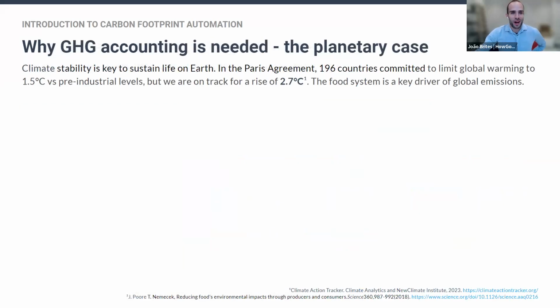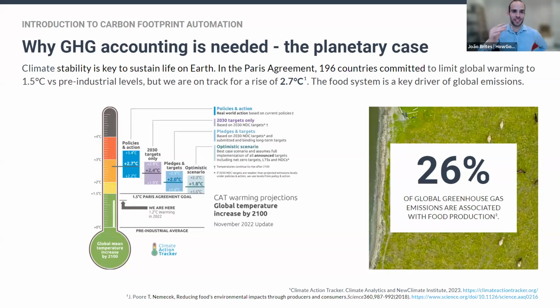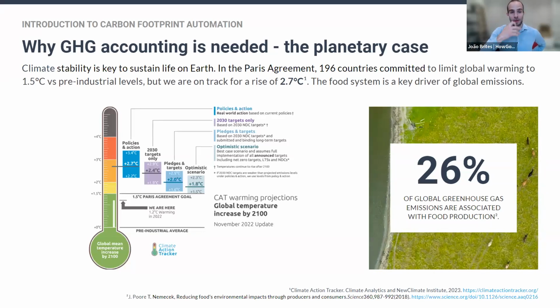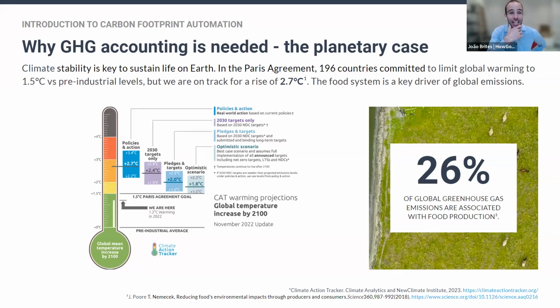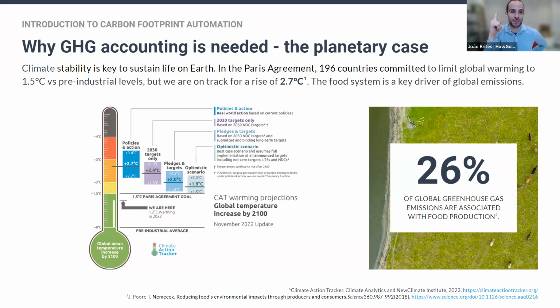Now, why are we bothering about greenhouse gas emissions accounting? What we know is that climate stability is key to sustaining life on Earth as we know it. Quite a few years ago, in the Paris Agreement, 196 countries committed to limit global warming to 1.5 degrees.